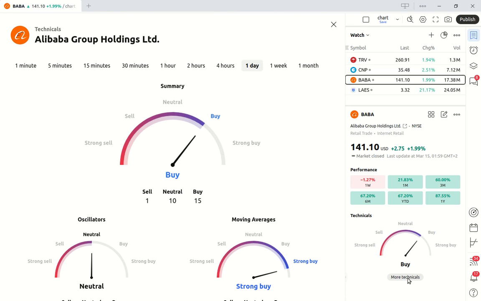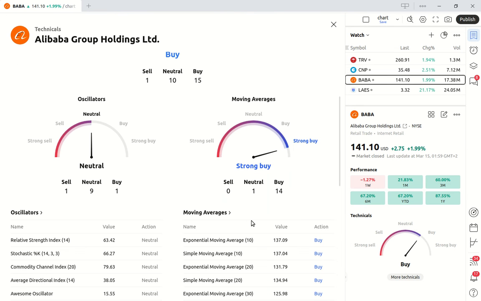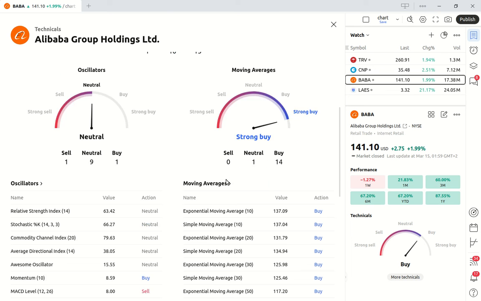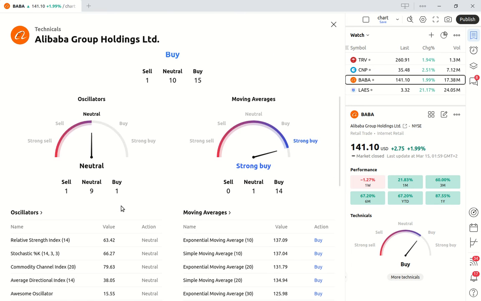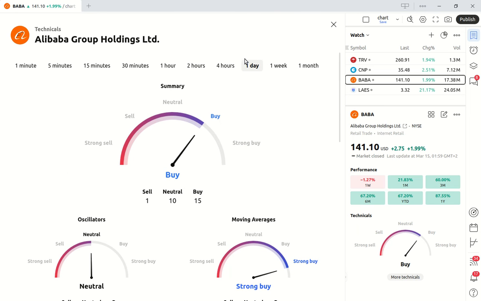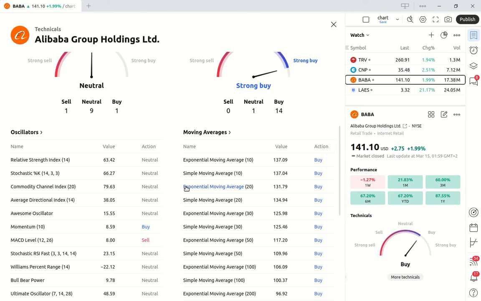We can look deep into it. Remember, it had a strong buy signal here, which is what I was looking for.